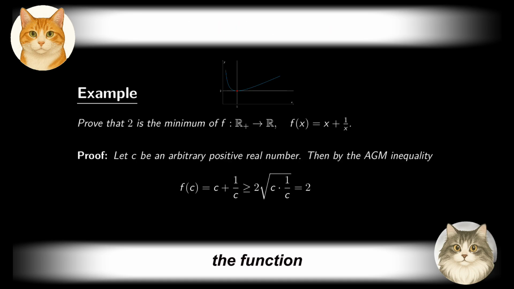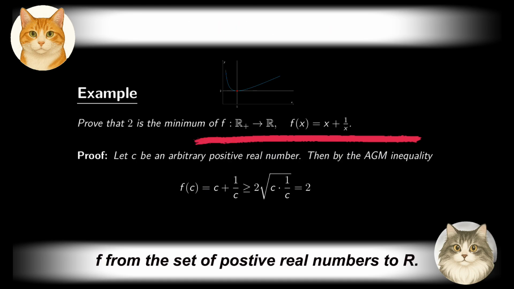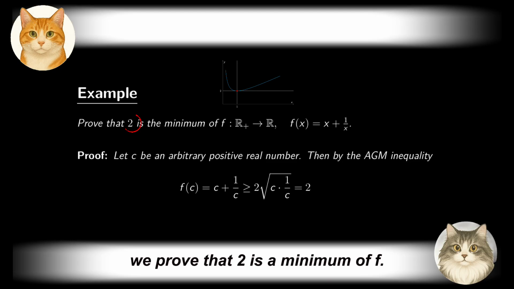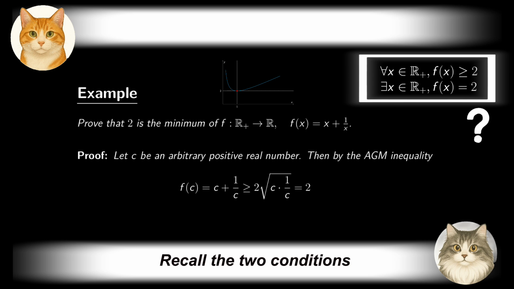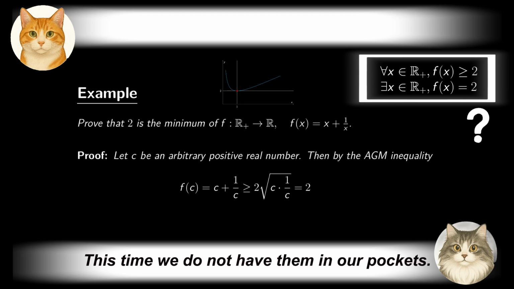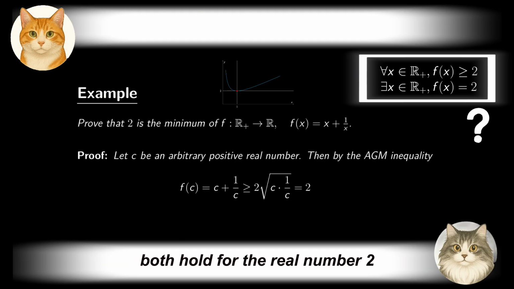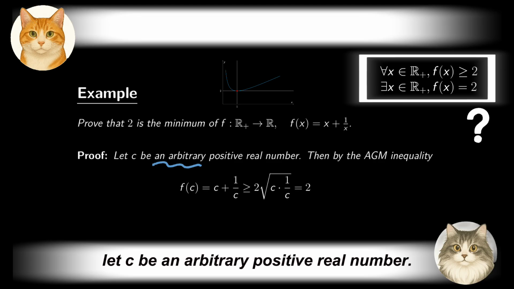Next, consider the function f from R plus to R, where x is mapped to x plus 1 over x. We prove that 2 is a minimum of f. Recall the 2 conditions characterizing a minimum in the definition. This time, we do not have them in our pockets. Rather, it is our mission to prove that they both hold for the real number 2 in our setting. To this end, let c be an arbitrary positive real number.